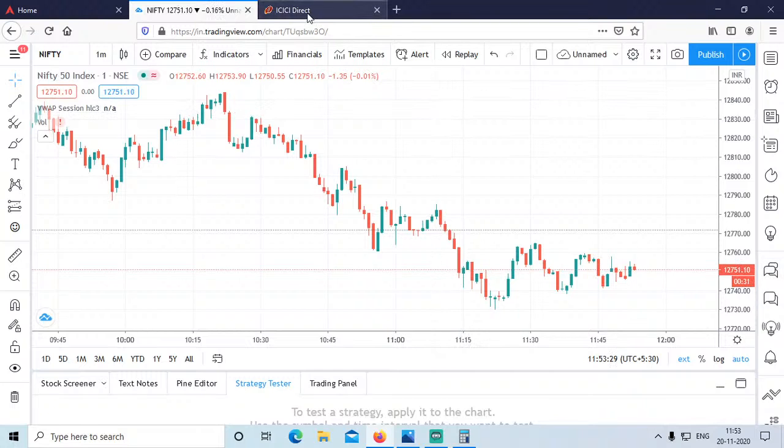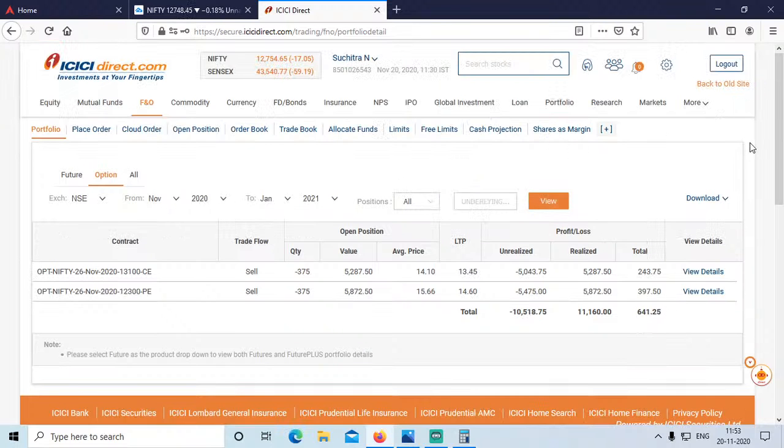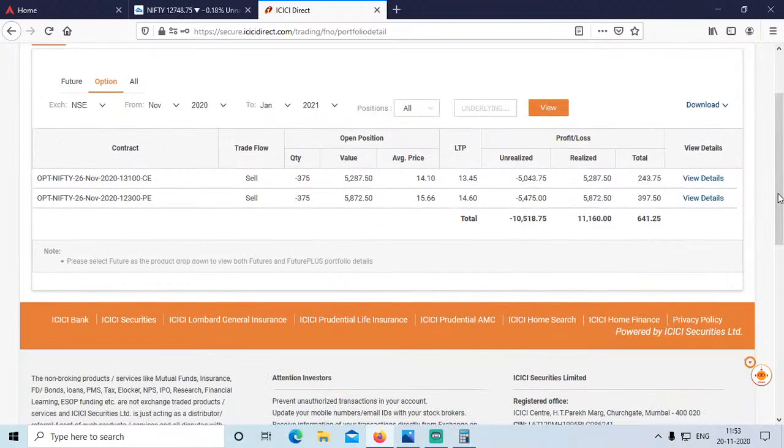12,750. Let us go and check what our profit is. It was 416 sometime back. Now our profit is 641, and both legs are giving profit. Whenever both legs are giving profit, it means you are safe, the market is playing in the middle level only.